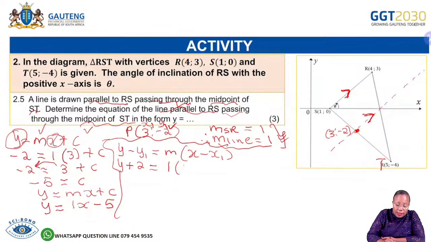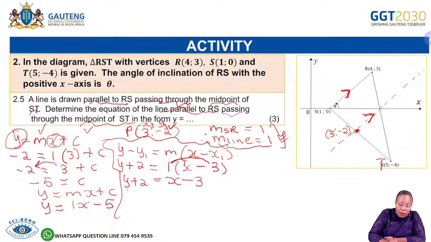And then x minus x1 will be minus 3. And then you have y plus 2 equal to, distributing 1 here, 1 times x, 1 times minus 3 is minus 3. Then we are transposing 2 to minus 3 there. Then this will be equal to x. 2 becomes negative 2. Minus 2 minus 3 is minus 5.